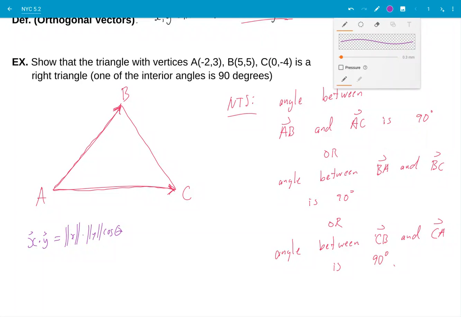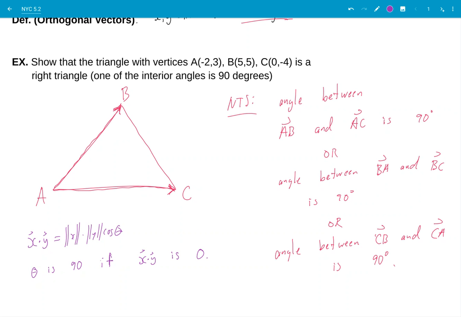I can conclude that theta is 90 if x dot y is 0.